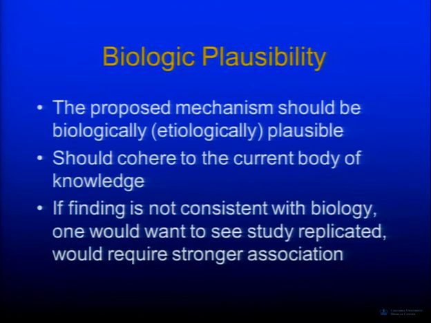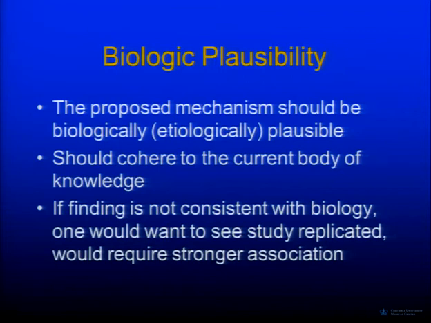Another important thing is what is the biologic plausibility? And that means that you know something about your disease to understand if the exposure makes sense in terms of causing the disease. So the proposed mechanism needs to be biologically or etiologically plausible. And when we go through the papers, I've often told you, see here in the results, they're talking about the biologic plausibility, that it makes sense during their discussion that they're saying why this nutrient could lead to this disease.